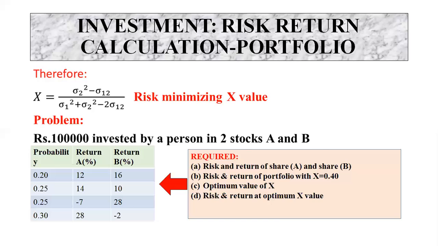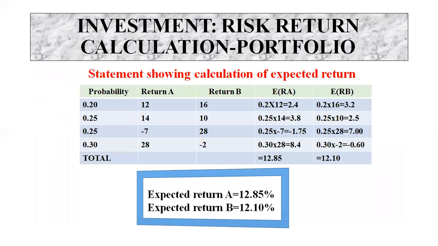First we will calculate the expected return of security A and B. Then we will calculate the expected risk of individual shares A and B. Then for comparing we will calculate the cofactor, which will show which one is individually better. The calculation is shown here.